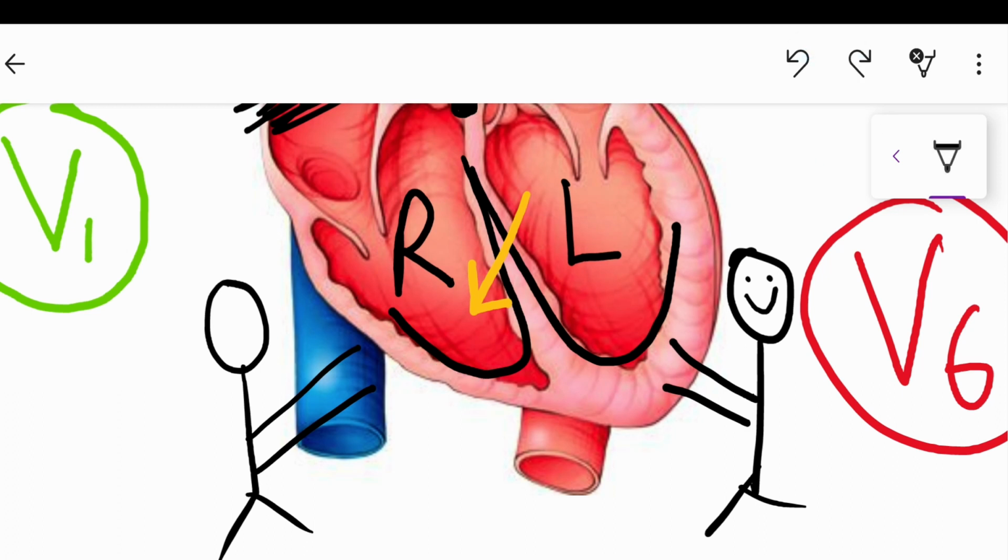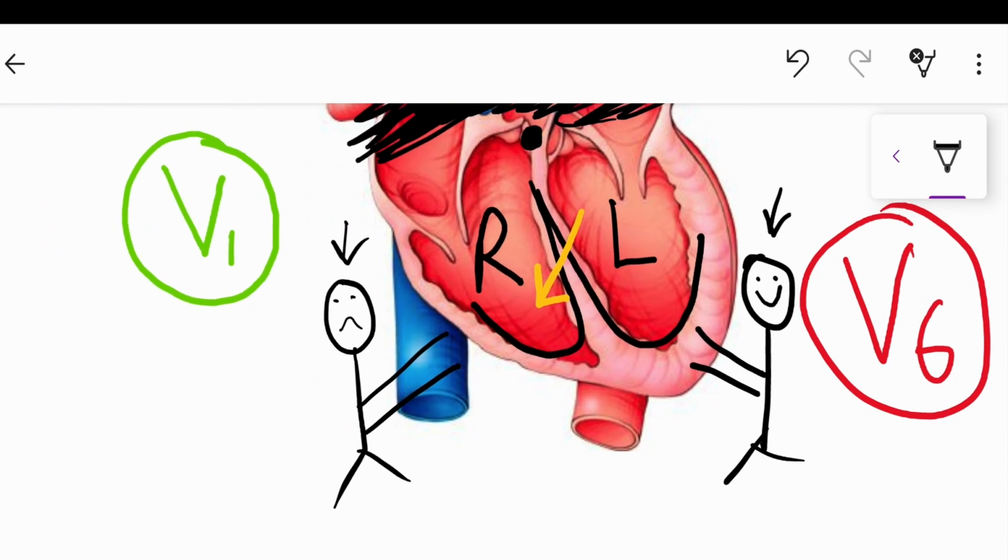Okay. However, they both get a slice of the pie. However, this guy gets more. So he's going to have a stronger contraction than this one. So they both contract. They're both relatively happy.